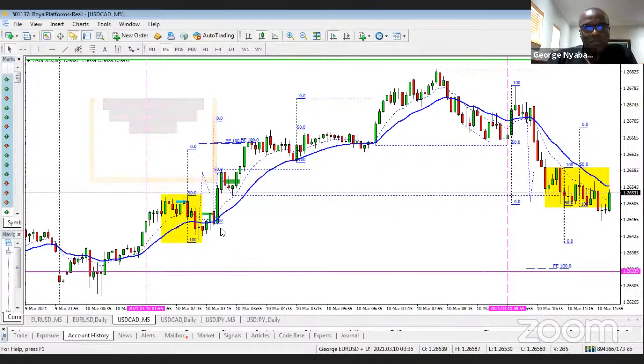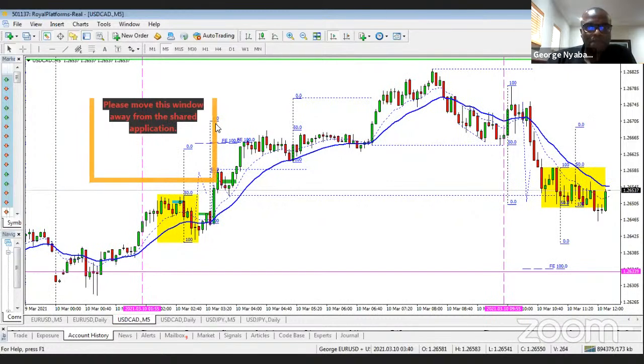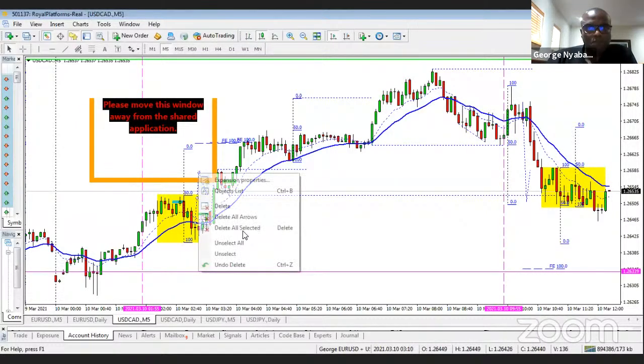Then when the market begins to move, we talk about leg one equals leg two moves. Again, let me remove some of the stuff that I have here. Not needed. Okay.